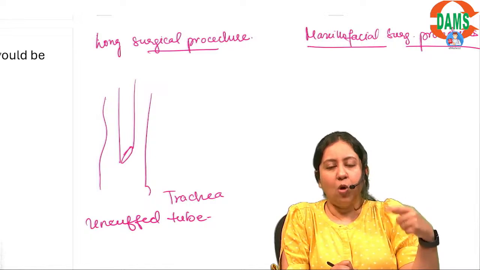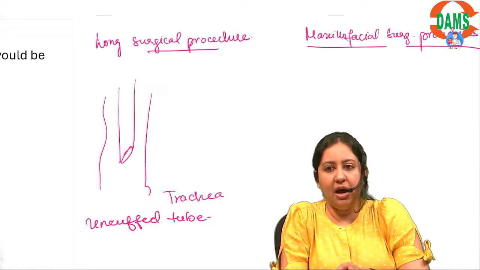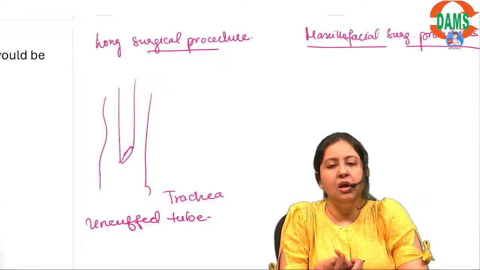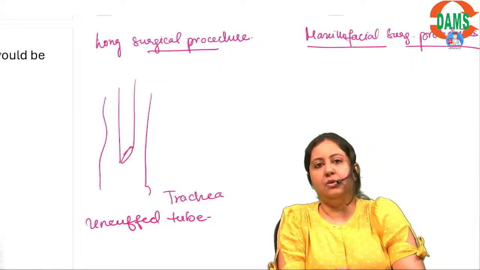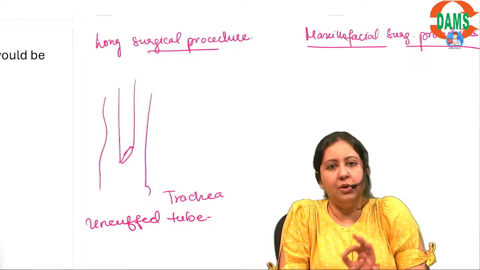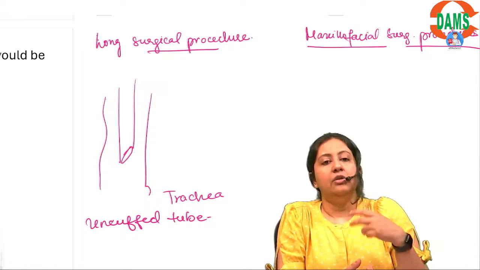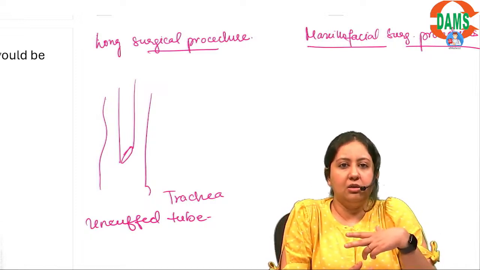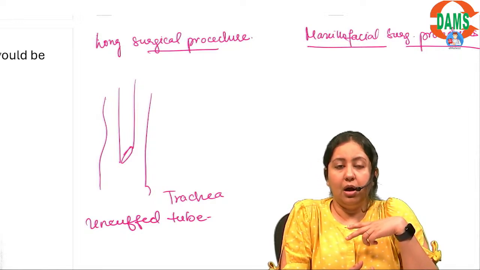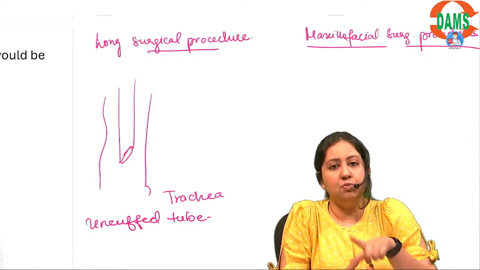Since this topic tends to be a little confusing for you all because you have not seen intubation practically much at undergraduate level, and that is totally understandable. Whenever the anesthetist does the intubation, they check for bilateral air entry, meaning the air entry in both lungs should be equal.